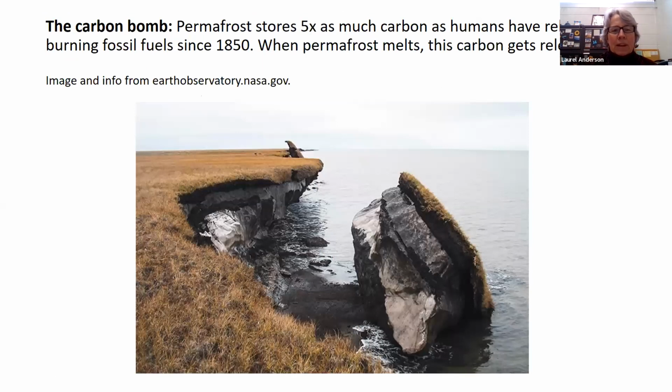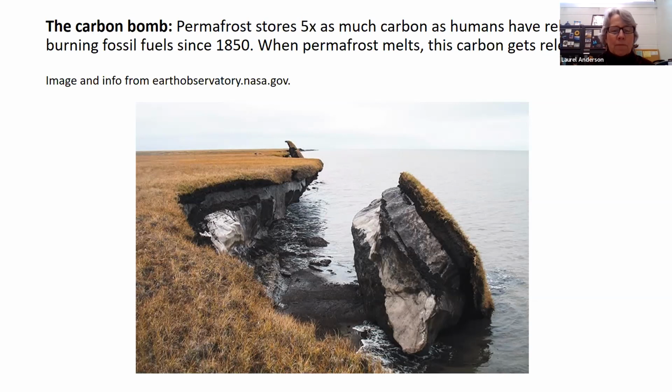We also have the additional issue of what we call the carbon bomb. This is carbon that is stored in dead organic material that is frozen in the permafrost. When permafrost melts, the various microbes that are naturally there, bacteria and fungi that do decomposition, basically get activated as we warm up the soil.